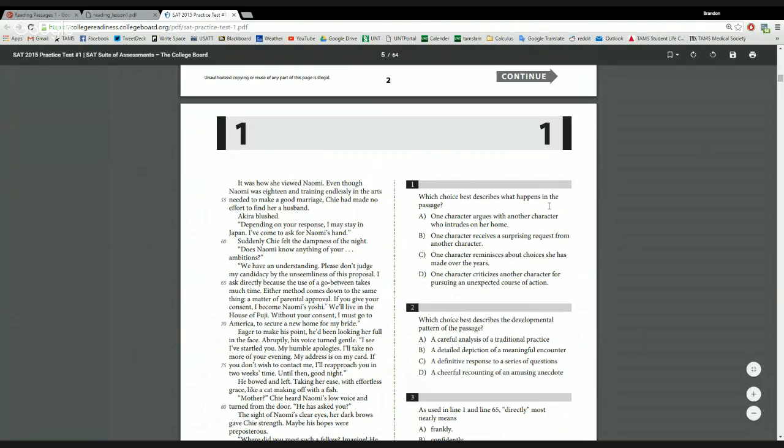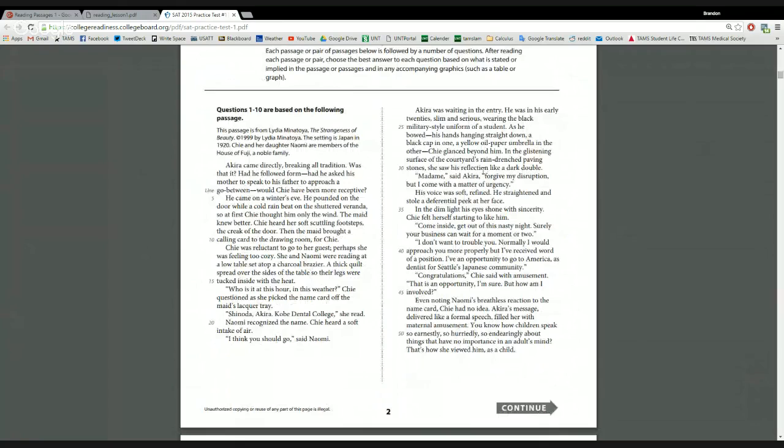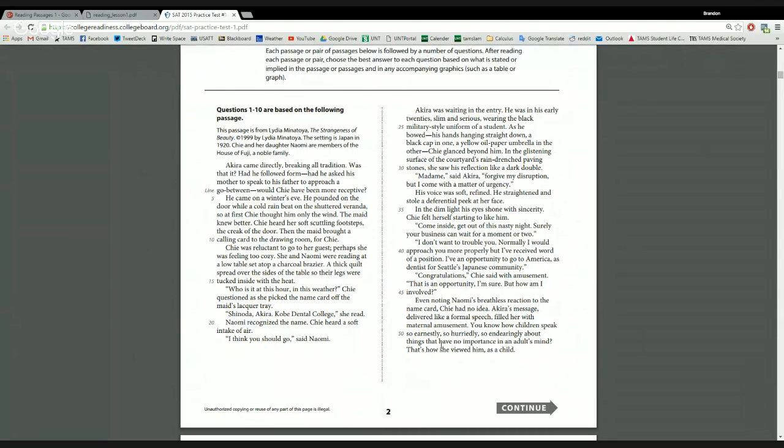Okay, so we've answered all the questions that are line based. Now we want to do the main idea questions and the ones that are not referring to a line. Now is the time we read the passage. So if you're listening or watching the stream, you can go ahead and read the passage, or you can even pause the video and just read the passage, or you can go on College Board, it's the first practice test, and you can read the passage yourself.